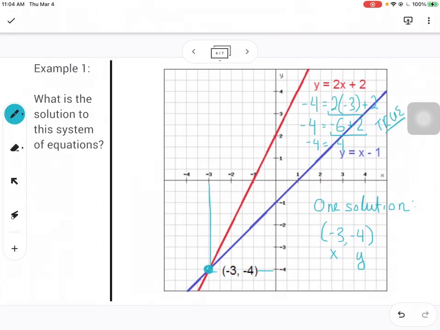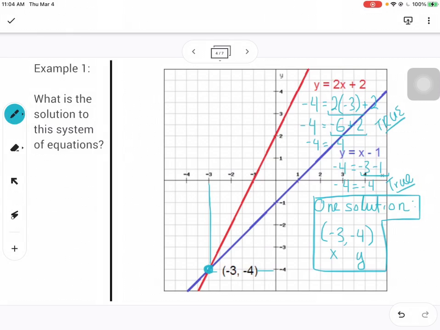Let's try the other one. Again, y is -4 equals x is -3 minus 1. -3 minus 1 is -4. So again, true. This is our solution, where those lines cross each other.